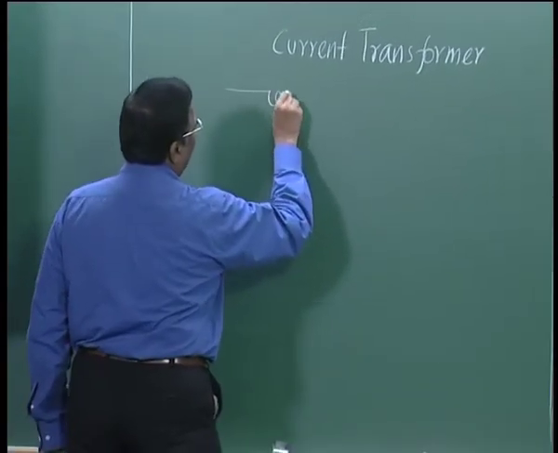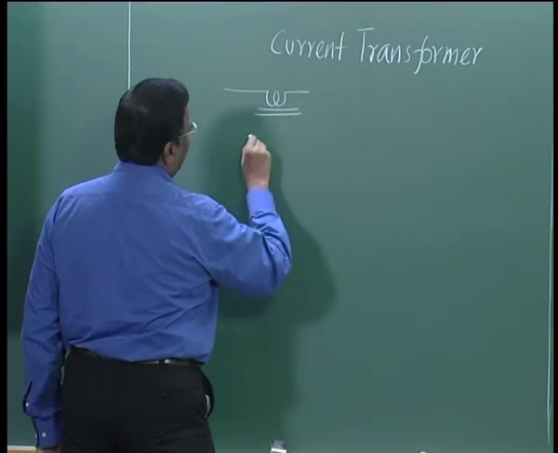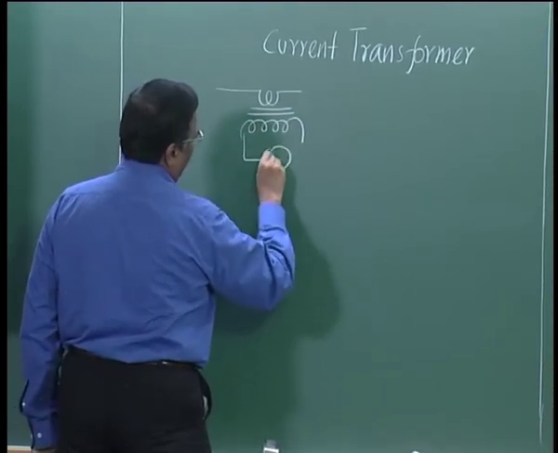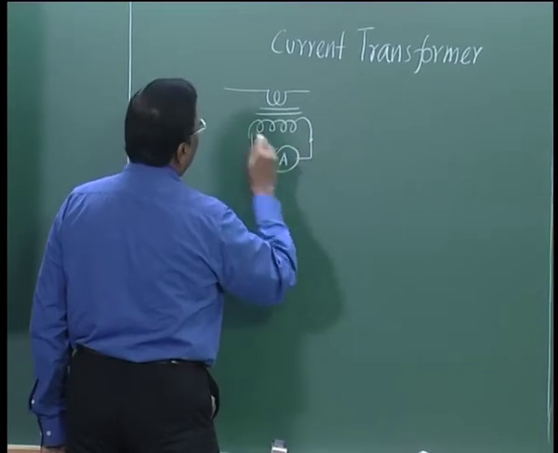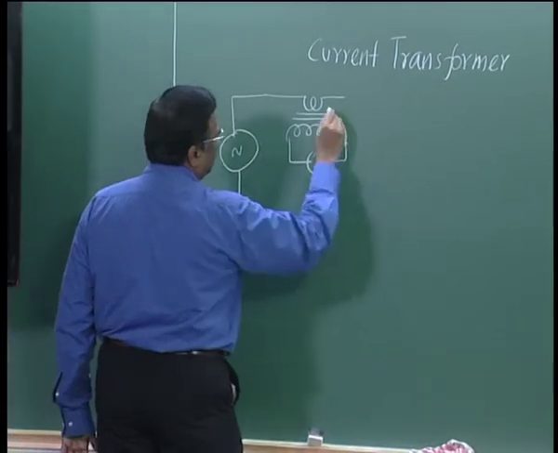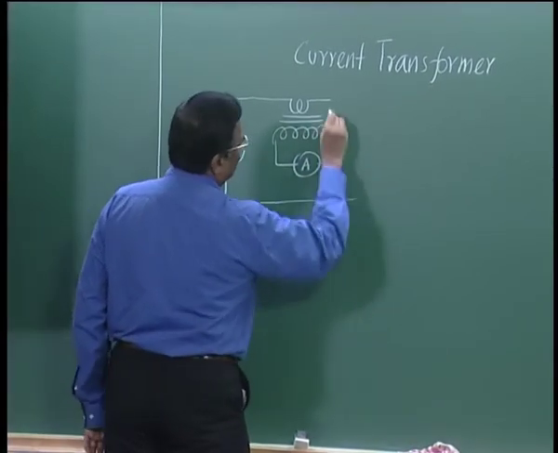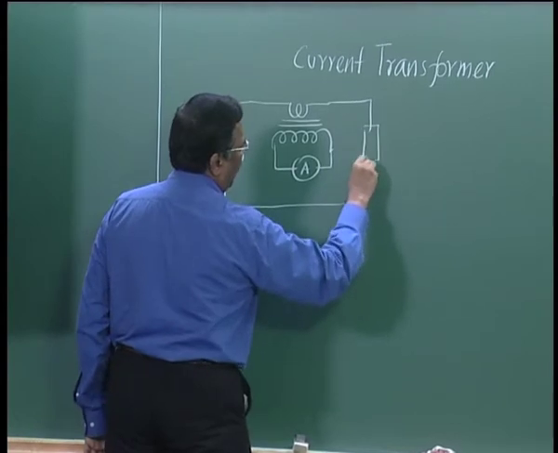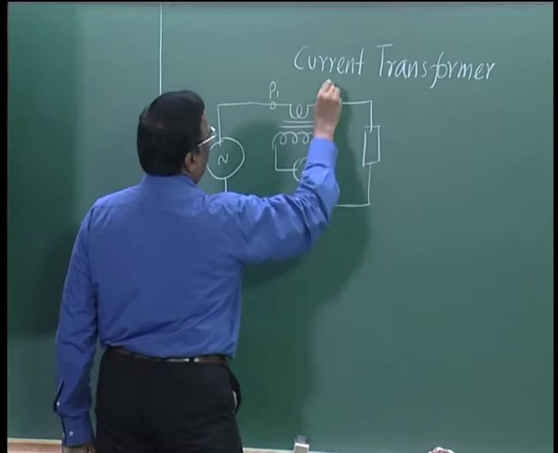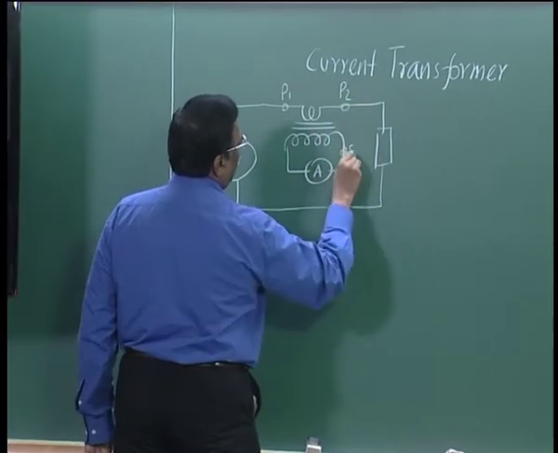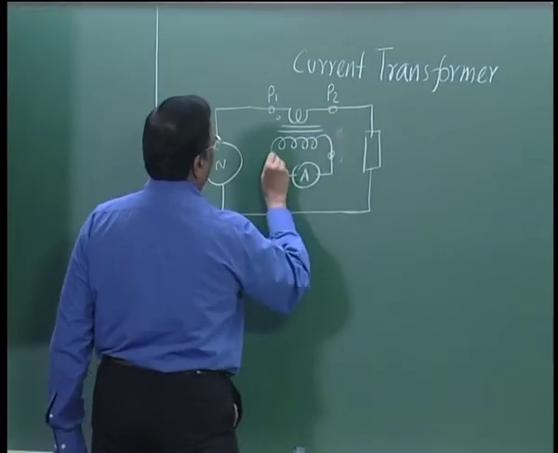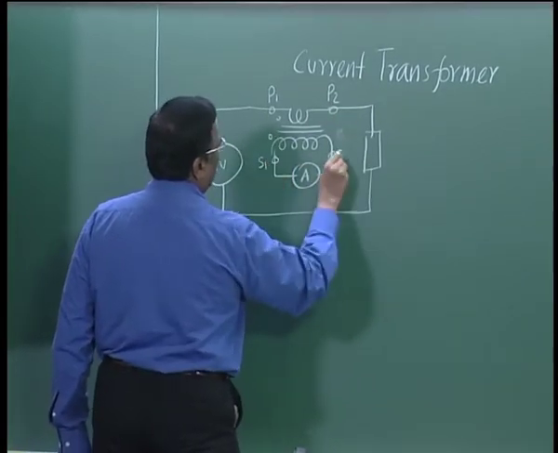We looked at the transformer, we have the current transformer inserted into the measurement circuit. So, I have P1, P2, S1, S2.